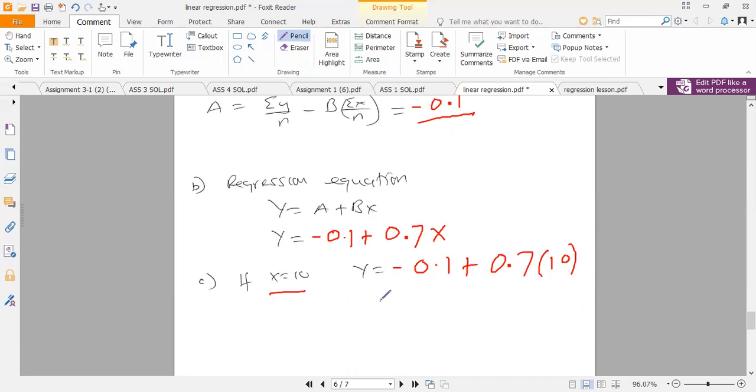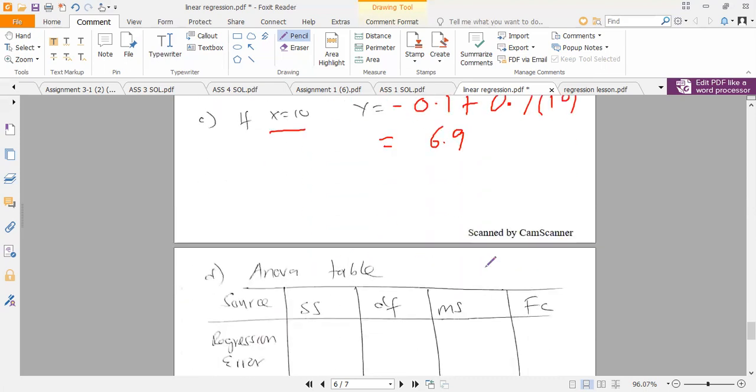What are you getting here? 6.9. 6.9. Correct. So this is our prediction. If x is equal to 10, what is our y?